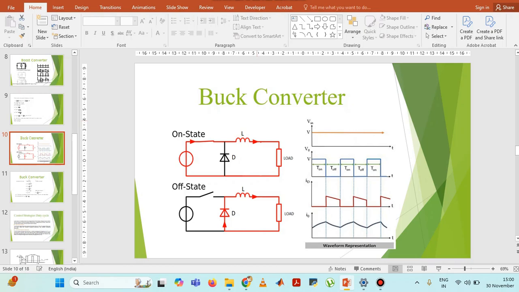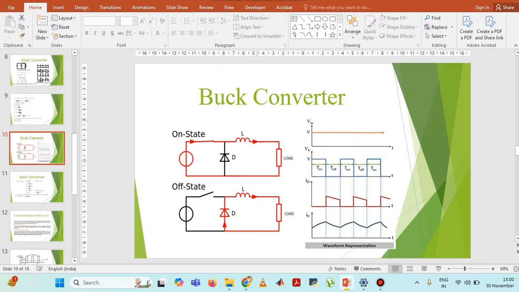Okay. So in case of the buck converter, we know the output voltage and current waveform, which is shown on the right hand side of the slide. We can see that the output voltage is the same as the input voltage, that is V0 equals Vs, when the switch is on, during the period T on greater than or equal to t greater than or equal to 0.